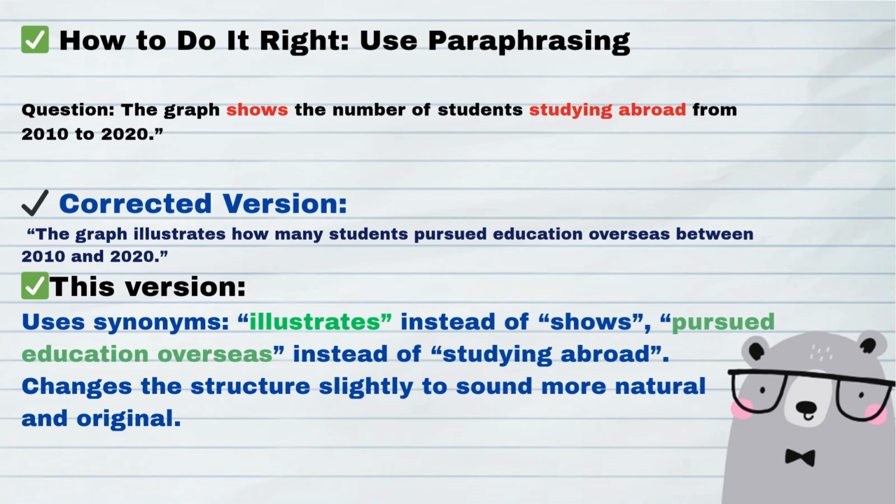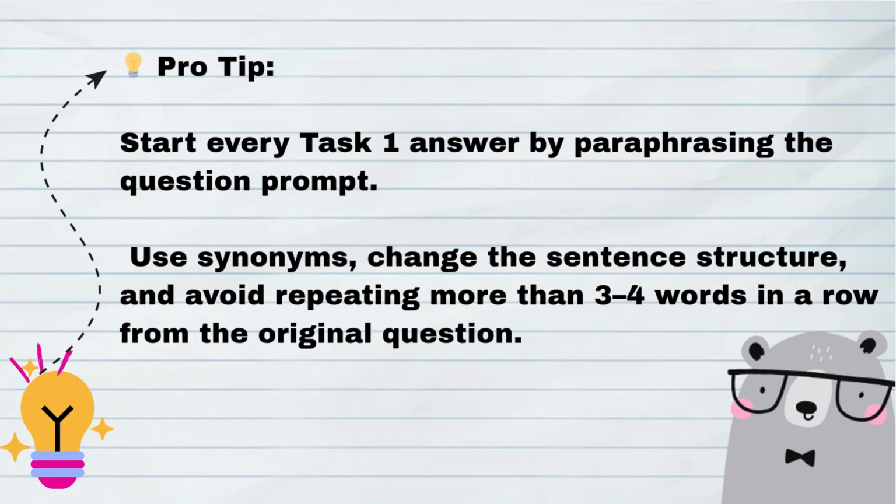Everything is the same, but the slight word changing gives a natural and original tone for the examiner. And when you are using the words pursued education, all right, using the synonyms of illustrates and pursued slightly changes the structure to sound more natural and original.